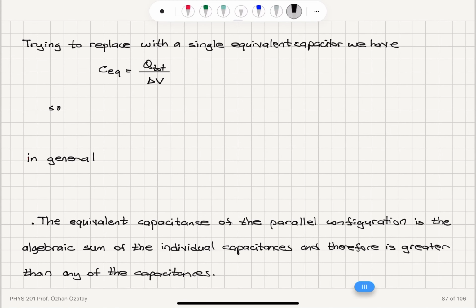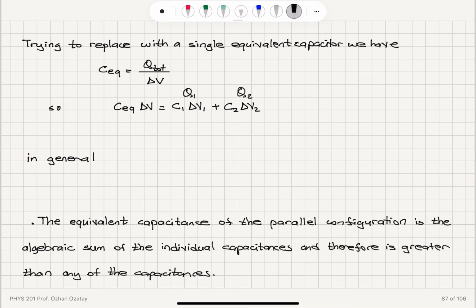Okay, so if we look at the charge equation, the total charge Q is equivalent capacitance times delta V. The charge stored on capacitor 1 is Q1, which is C1 delta V1. And then we have charge stored on capacitor 2, C2 delta V2, which is Q2.